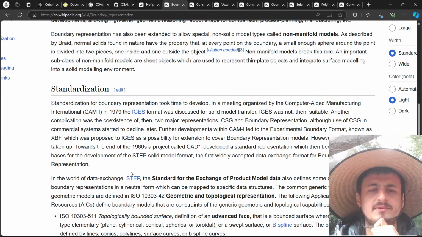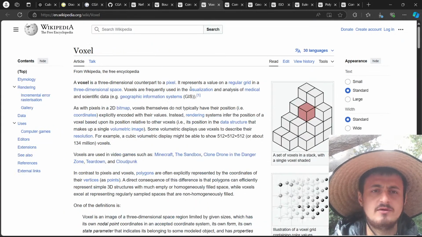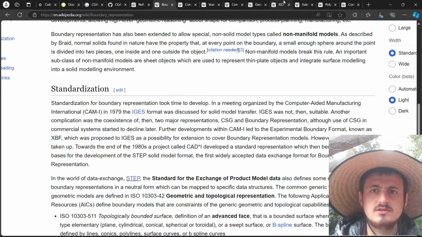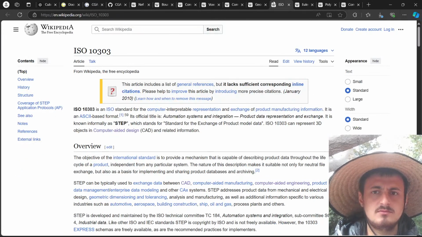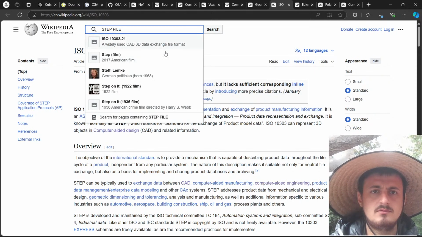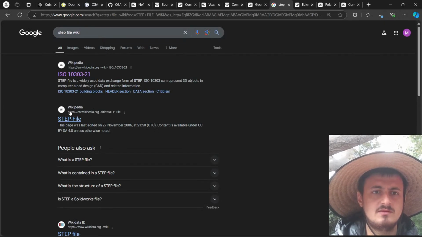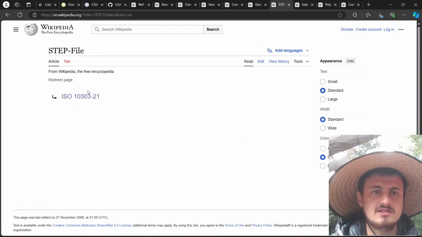Okay, so when you just read the file for STEP, or the Wikipedia for STEP, where is it? There's no way this is the... What? That's so weird.